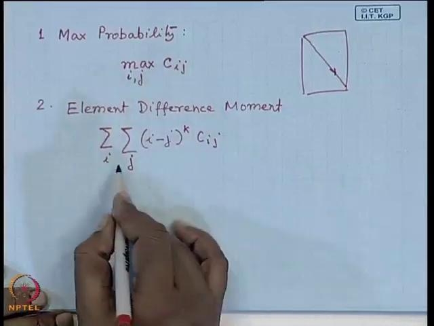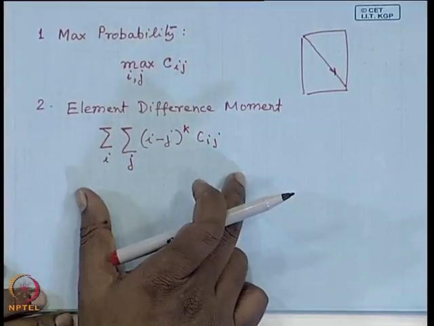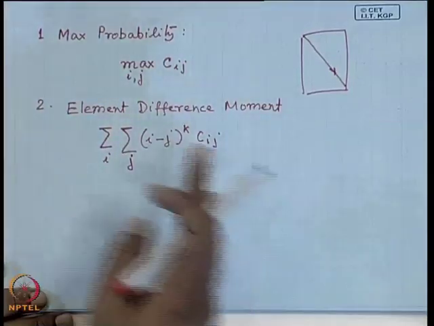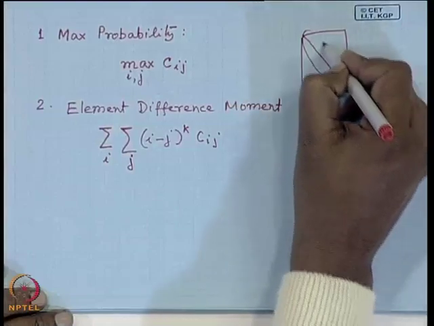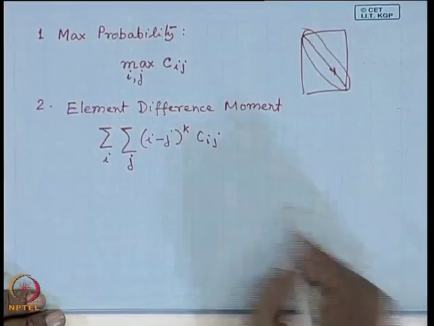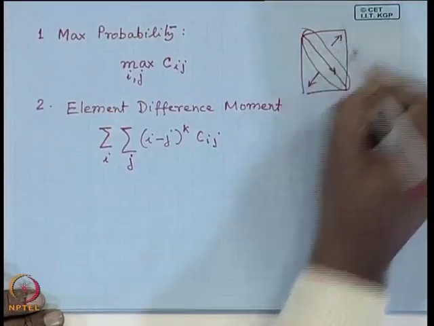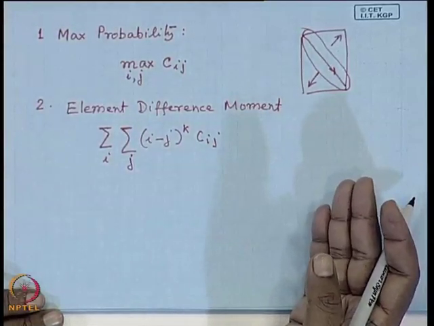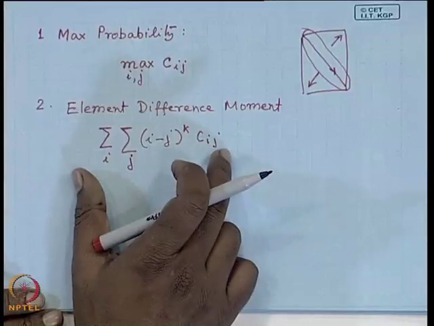Okay. So, when I compute this, the value will be very low if most of the Cij's, or the maximums of the Cij's, appear along the main diagonal. If most of the Cij's are away from the main diagonal, the value of I minus j is high, so the summed up value will be more.